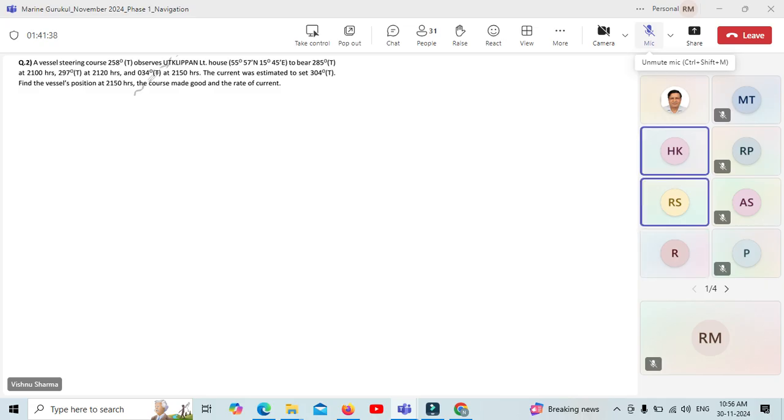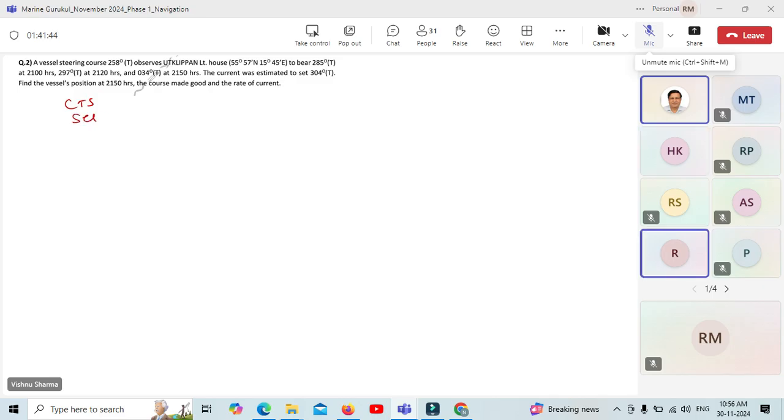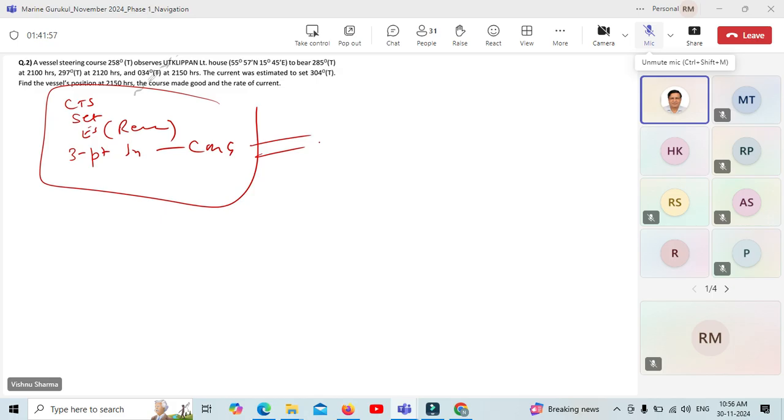So you have the CTS. You have the set. You will get the engine speed from remarks, and you will use 3 point bearing to get the CMG. And once you have got all these four, then it becomes a question of running fix. Correct, beta?